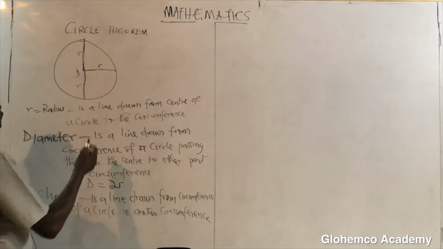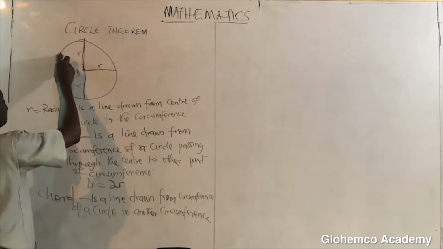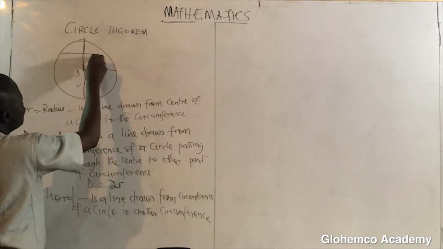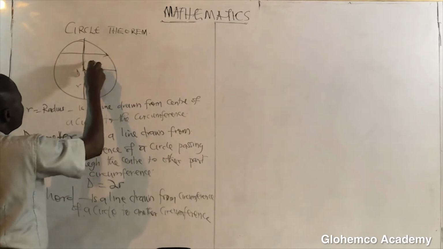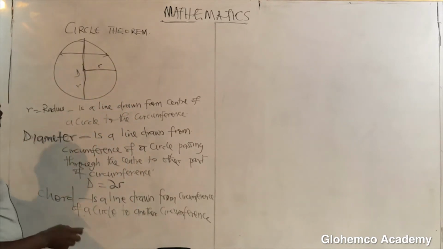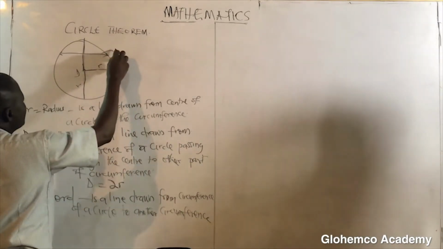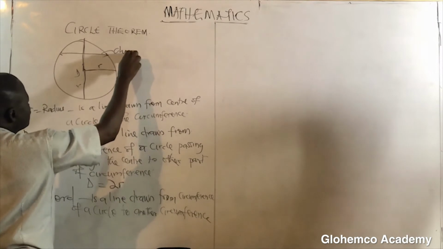What is a chord now? It means this is a circumference of a circle, but you draw it from the circumference here to this place. From circumference to this circumference, it is called a chord. So this line is a chord.